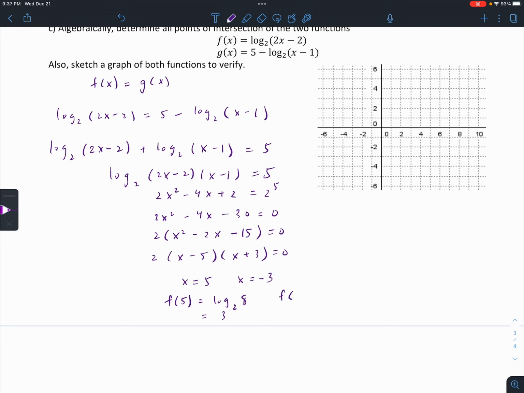And then if we put negative 3 in, if that even makes sense here, that wouldn't make any sense. So yeah, we can't find that. So that's undefined, equals an undefined value. Just telling us that there's going to be only one point of intersection, not two.